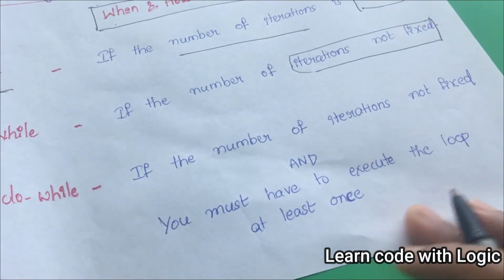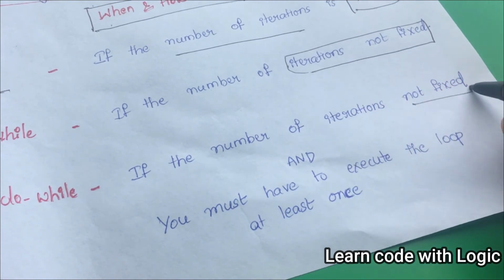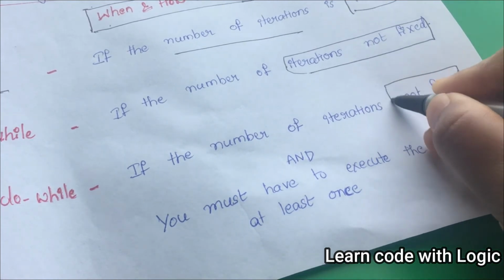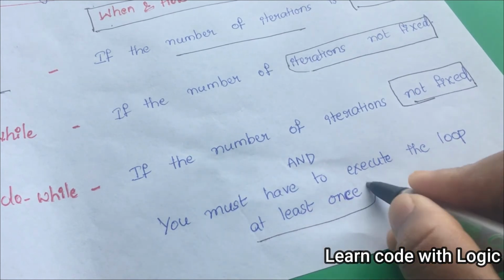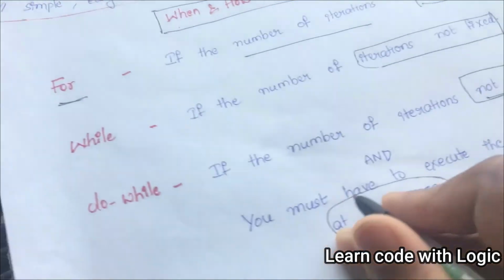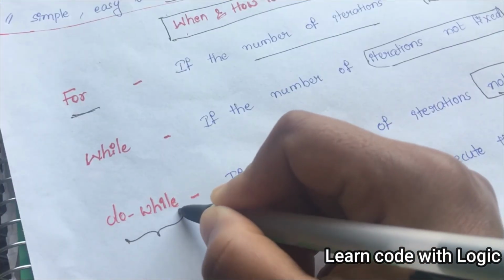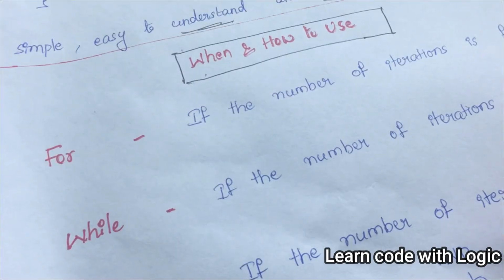And if the number of iterations is not fixed, and also if you need to execute the code at least once, in that case we need to take the do while loop. This of course completely depends on the requirements.